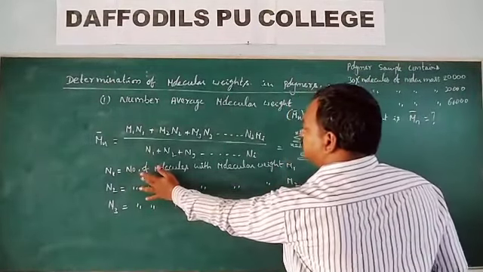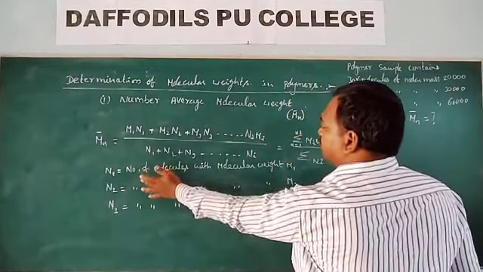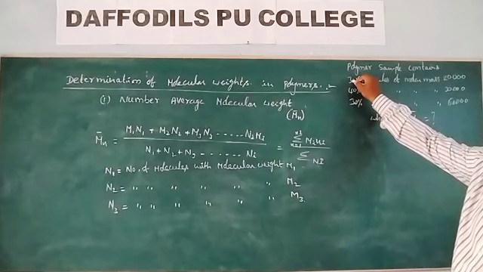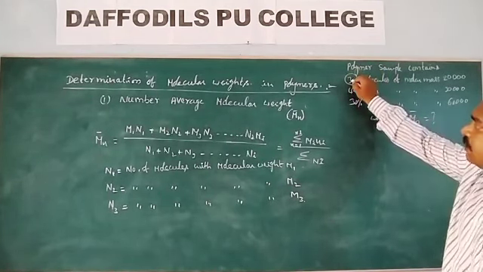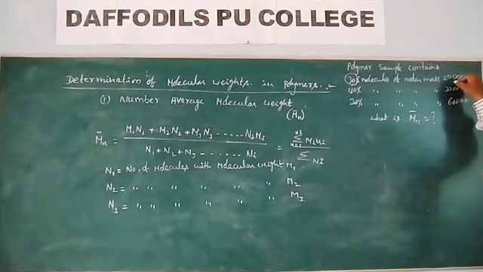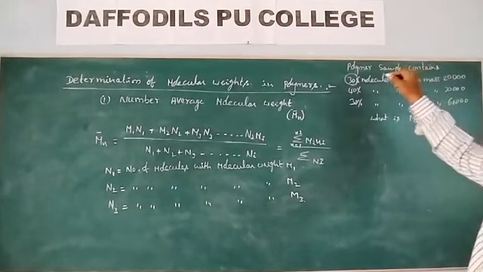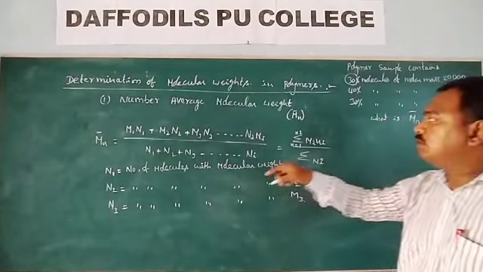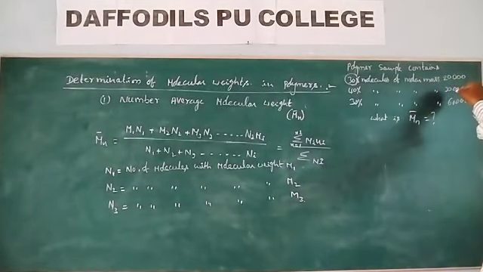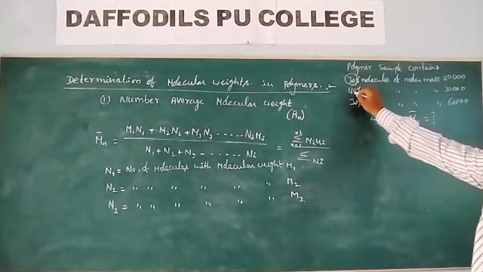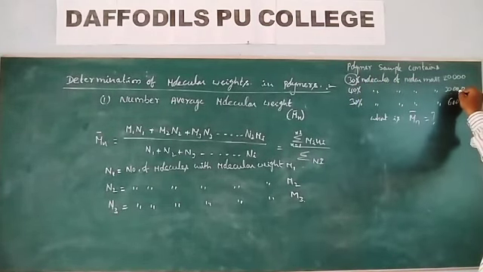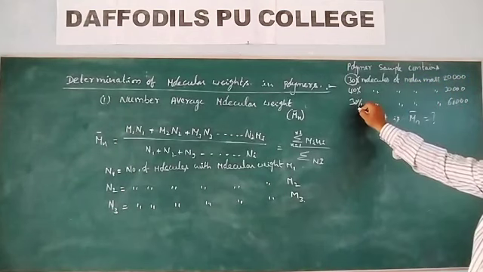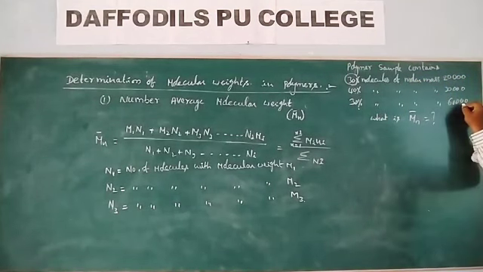N1 is the number of molecules with molecular weight M1, so N1 is 30 molecules with molecular weight 20,000. N2 is the number of molecules with molecular weight M2, and N3 with molecular weight M3.